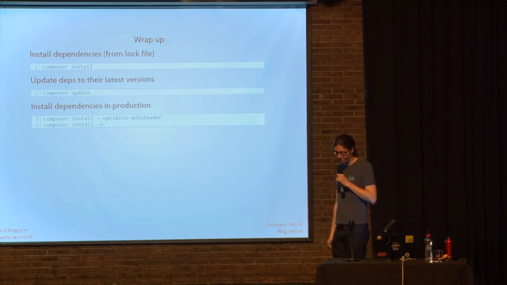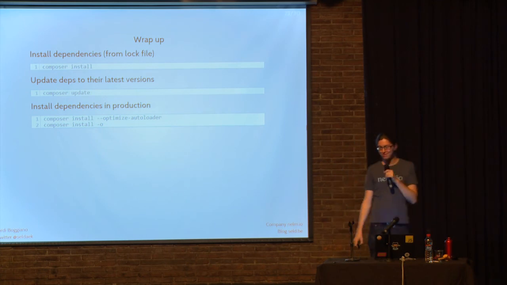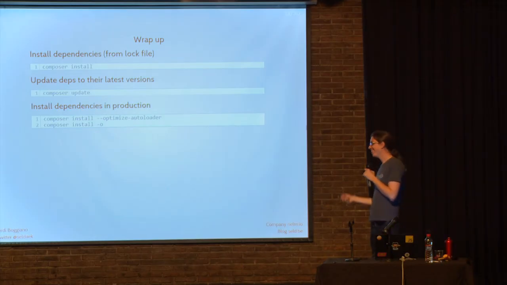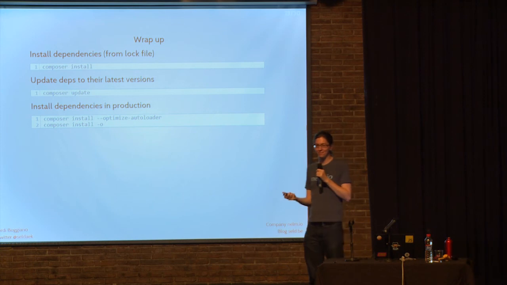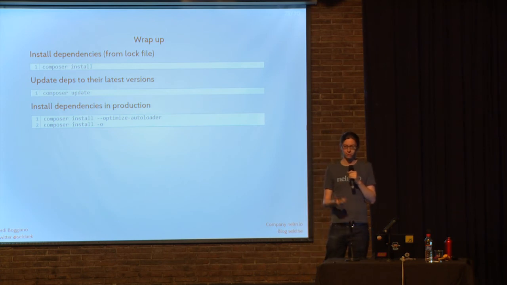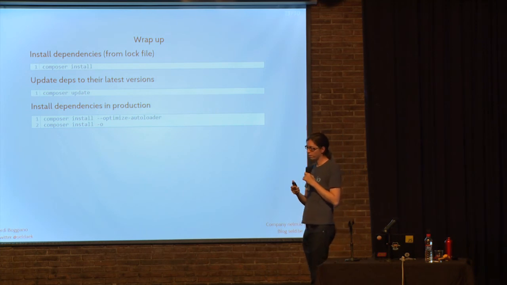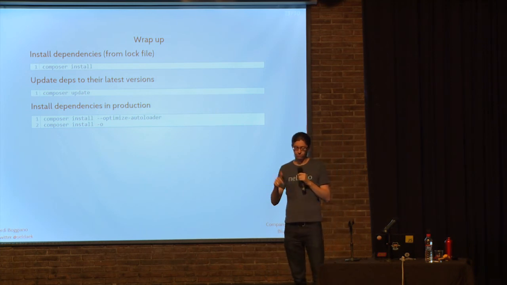The theory behind it, and I say theory because it's not clearly proven, is that it does make finding a file for a class name much faster, because obviously it's just an array lookup instead of iterating through a bunch of namespaces, finding the associated path, checking if there is a file there, etc. So it's a lot faster to find one class.